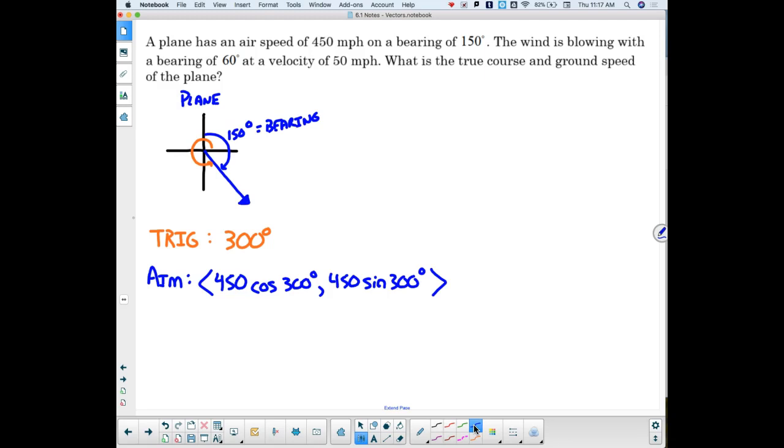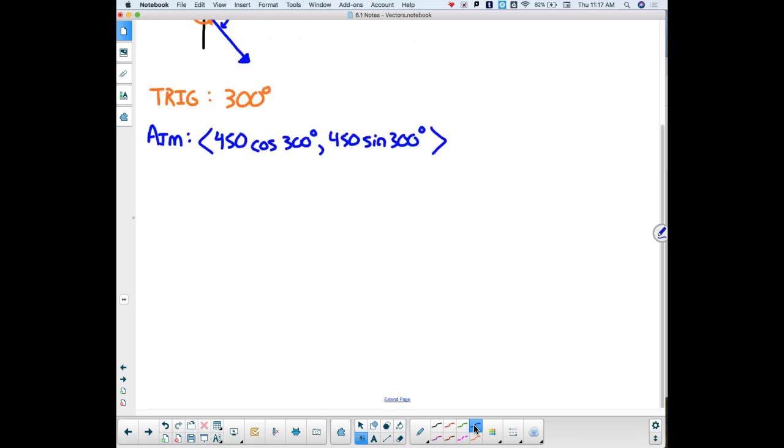When we're using vectors, like yesterday and the day before, that's a trig angle. That's different than a bearing angle. So you have to convert it. Do the calculations.